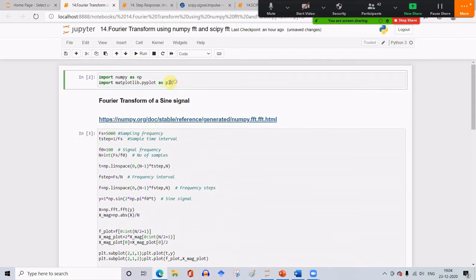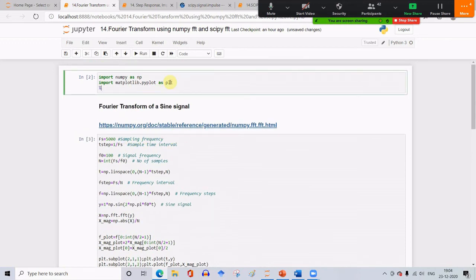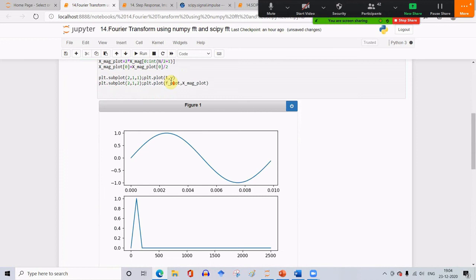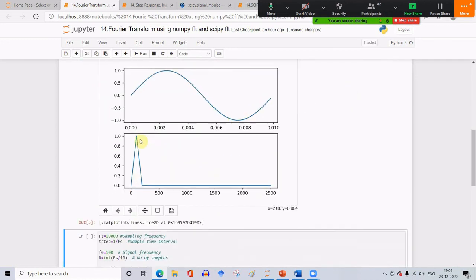I can give that magic command, matplotlib notebook, which will give me an interactive plot, where I can measure this value here.